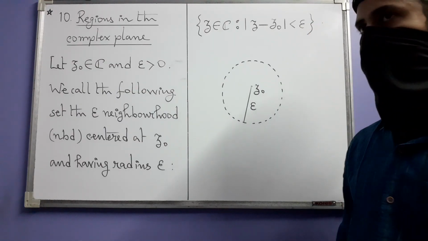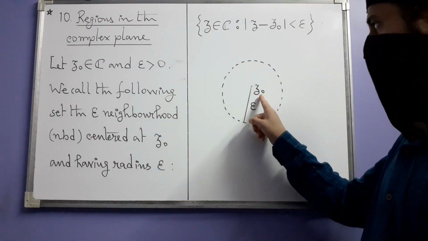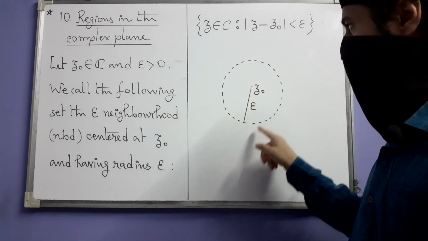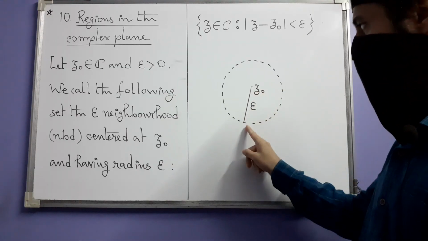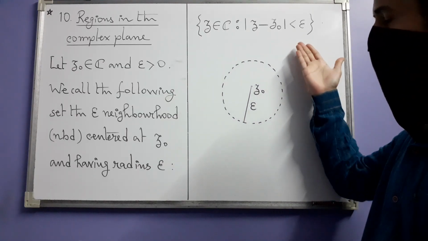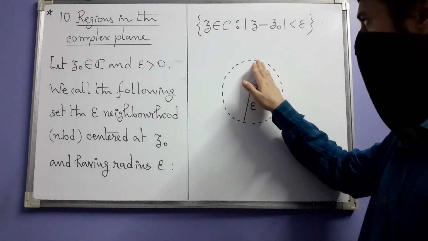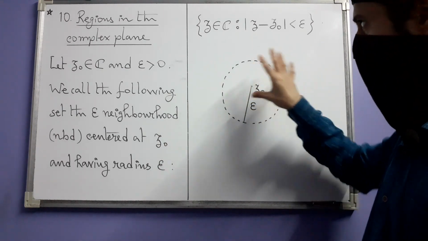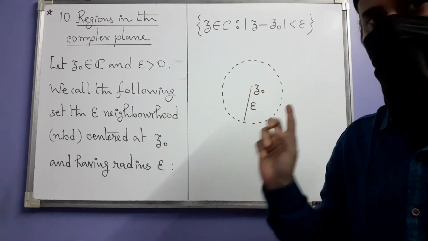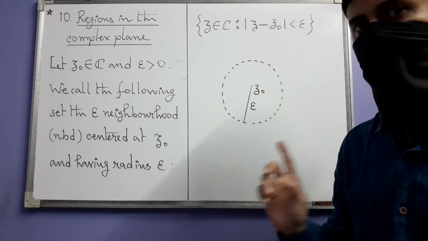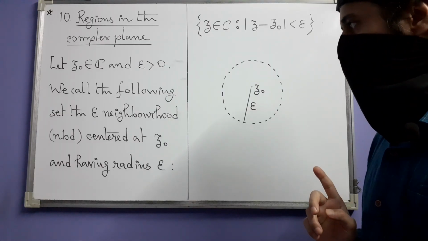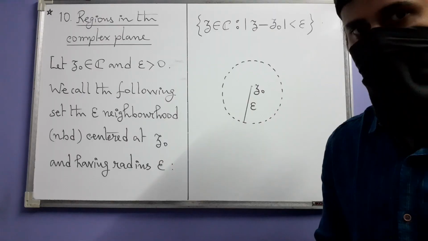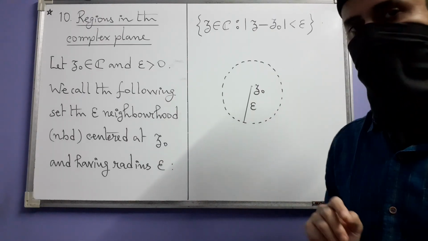So that means if you locate the point z0 in the complex plane and consider the circle centered at z0 whose radius is epsilon, then this is the set of all points which lie in the interior of the circle. So that is your epsilon neighborhood centered at z0 and having radius epsilon. We can sometimes simply say that it's an epsilon neighborhood if it's understood what the center is.